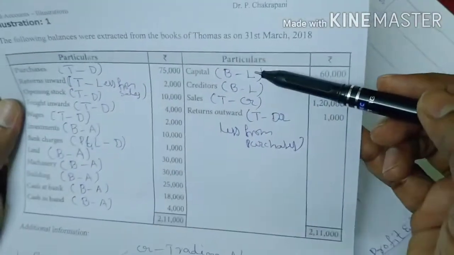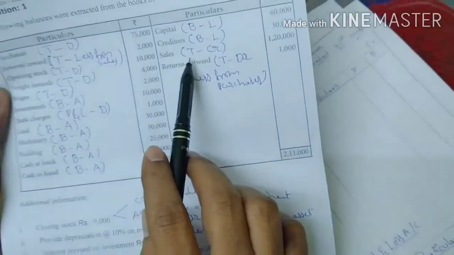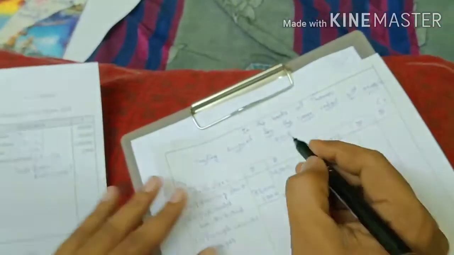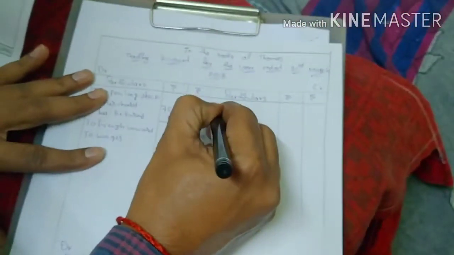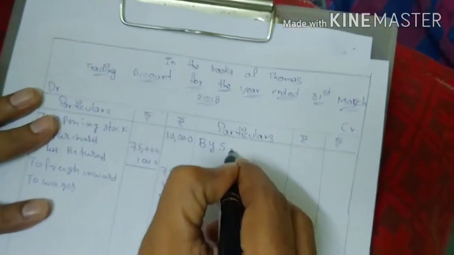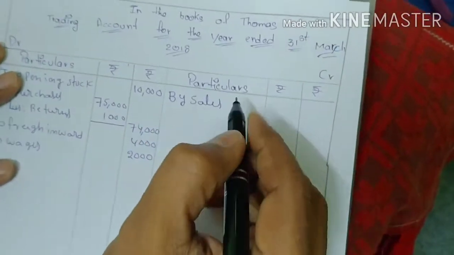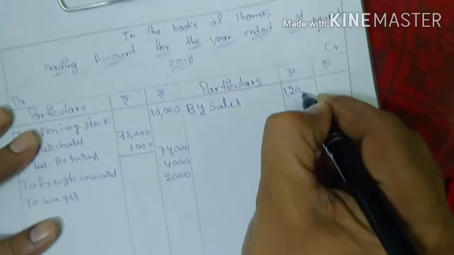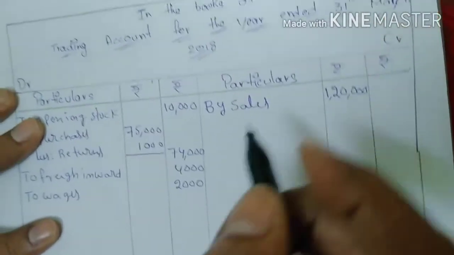Next, the credit side of the trading account, that is the sales. So now we need to write by sales, 1,20,000 rupees.